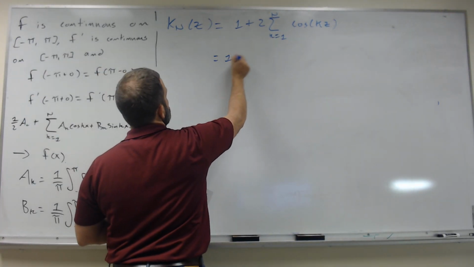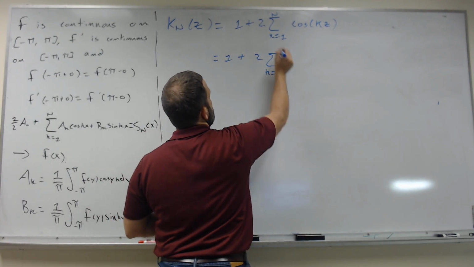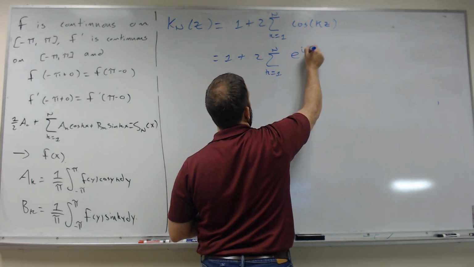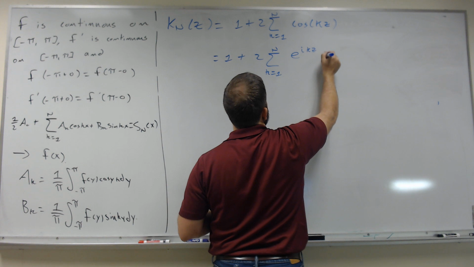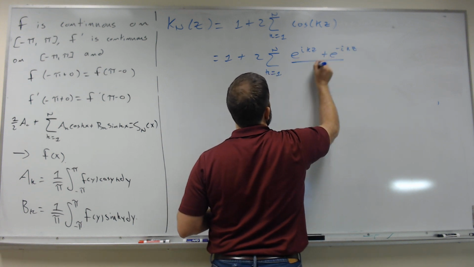So this is equal to 1 plus 2 times the sum from k equals 1 to n of, by Euler's formula, e to the i kz plus e to the minus i kz, divided by 2.